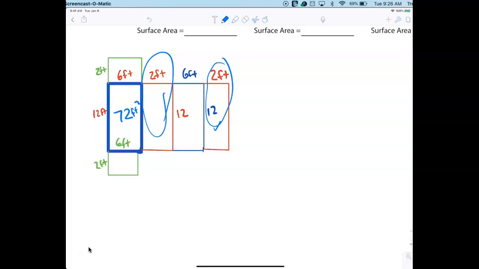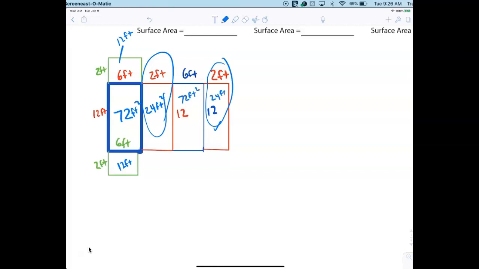And then the one above that would be how many square feet? 12. And how many on the bottom? 12. And how many in the next rectangle? 24. And then the next one would be what? 72. And then the next one would be what?